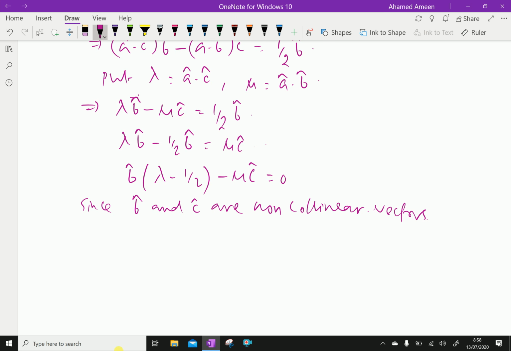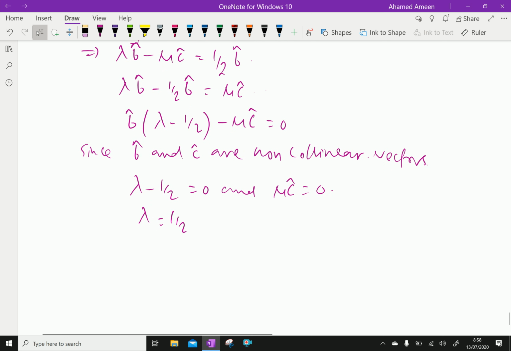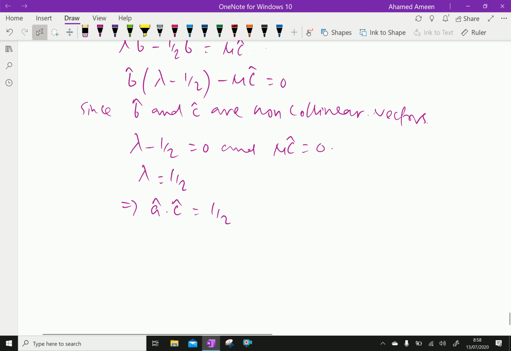Then lambda minus half equals 0, and separately mu C cap vector equals 0. Therefore lambda equals half. Already we have lambda is A cap dot C equal to half, and we can write modulus of A cap, modulus of C cap, cos theta is equal to half.